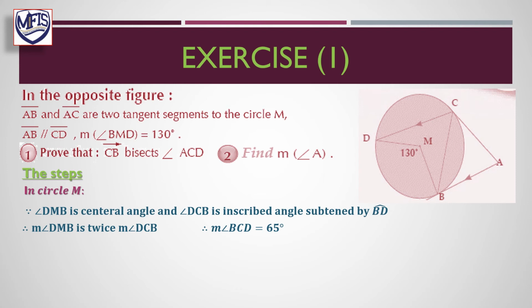Therefore, measure angle BCD equals 65. Since line segment DC is parallel to line segment AB and CB is a transversal, therefore measure angle DCB equals measure angle CBA equals 65, alternate angles.